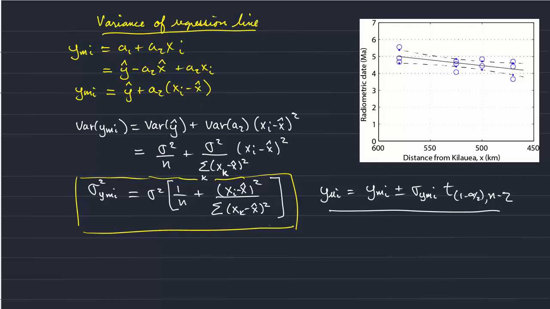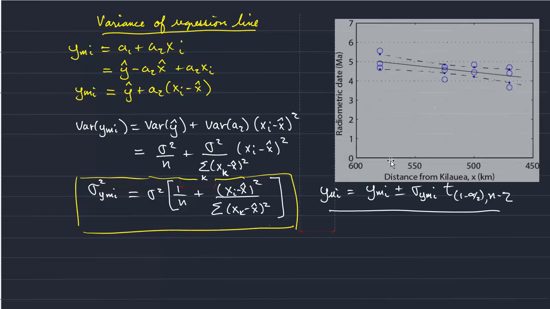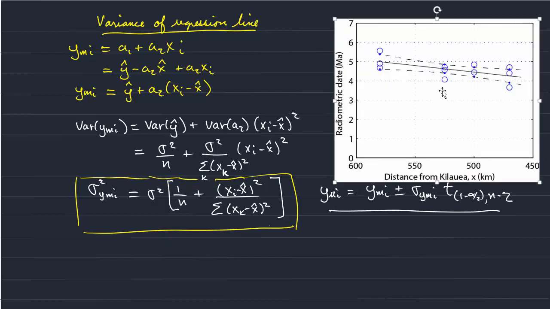So you can see in the solution that I plotted in this example for our 4 Hawaiian volcanoes, that the standard deviation is smallest near the mean, and it tends to increase with distance in x away from the mean. So that's why these dash curves get wider away from the middle of this plot.